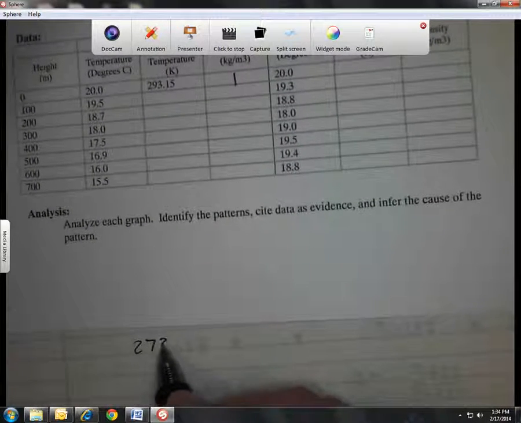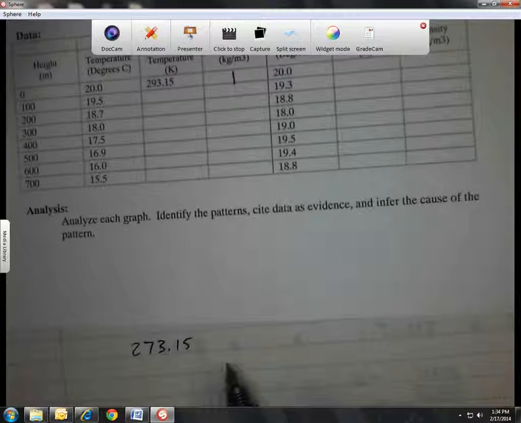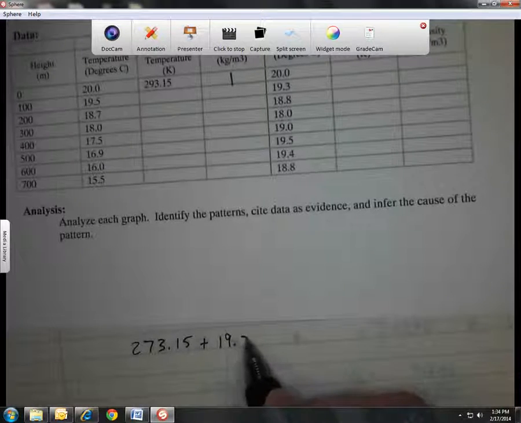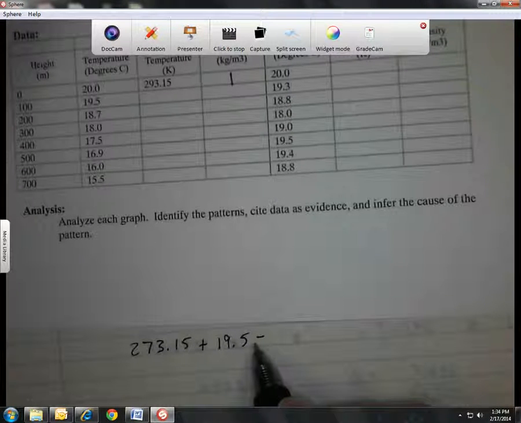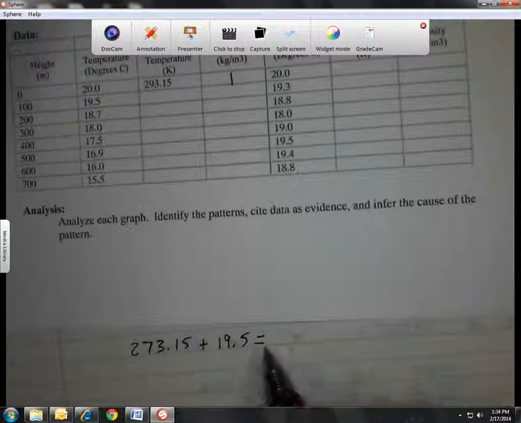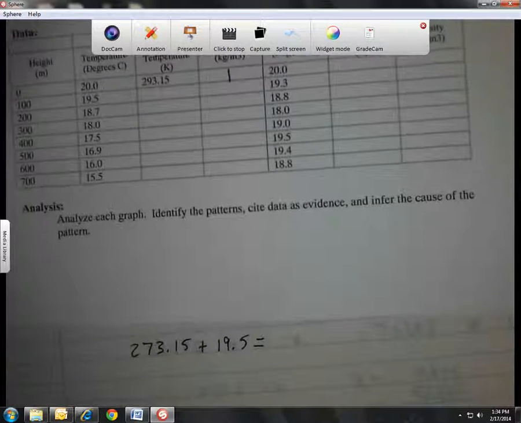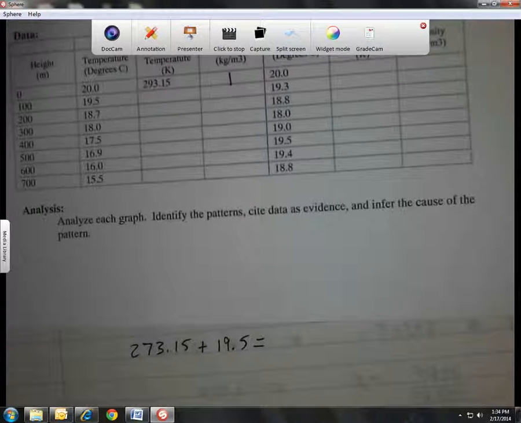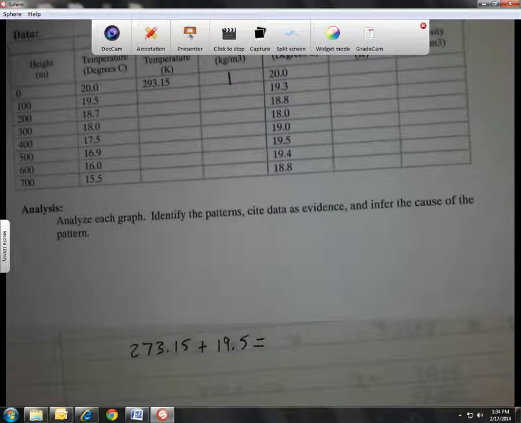We're going to add that to our Celsius, which in this case is 19.5. When you add these two together, you should get 292.65.